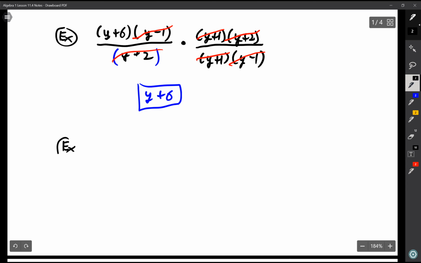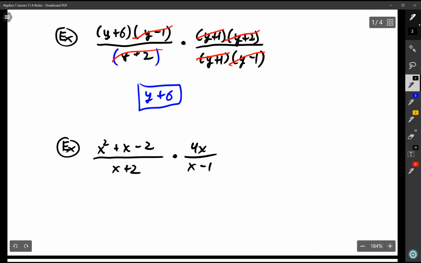This one looks like this. x squared plus x minus 2 over x plus 2 times 4x over x minus 1. All right.